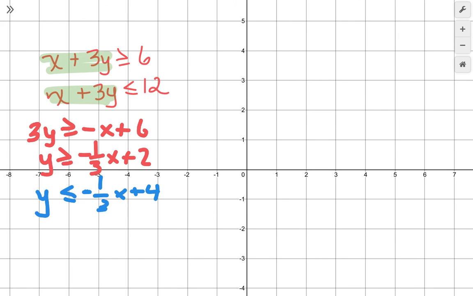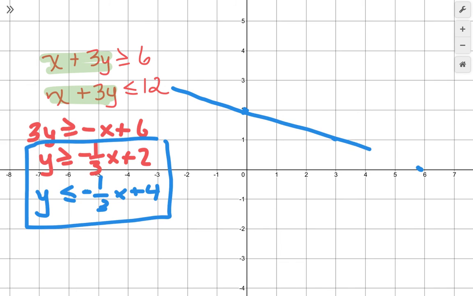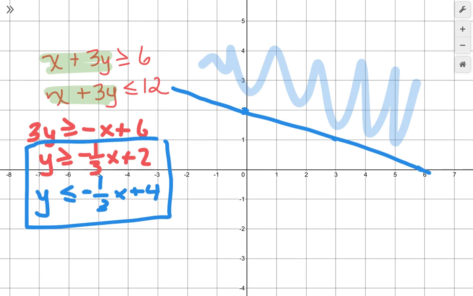So interesting thing here, I have two parallel lines. So with parallel lines, a bunch of things could happen. Let's see what happens in this case. So positive 2, down 1 over 3. This is a solid line. And greater than or equal to means I'm shading above that line.